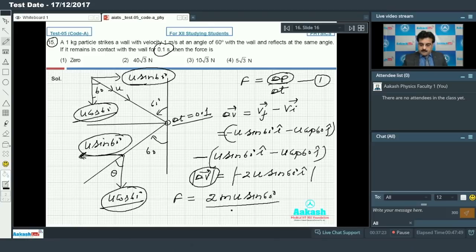Divide by the time interval, that is 0.1. So on solving, we'll get 10√3 Newton. So this is our final answer. So we can say my option number 3 is correct.